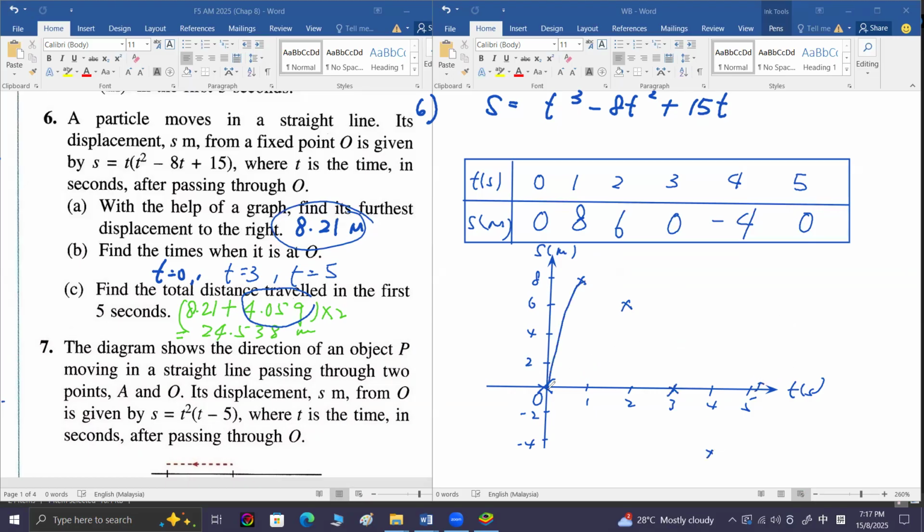So you get this S-shaped graph because this is power 3.